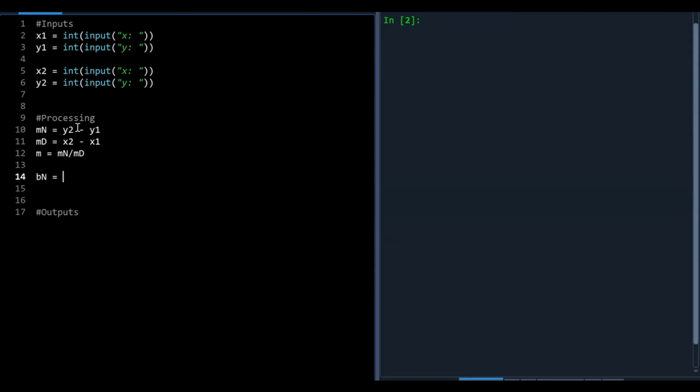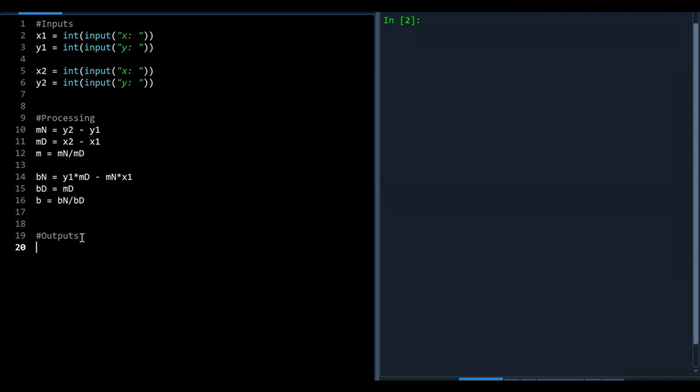My numerator of the y-intercept was y1 times md minus mn times x1. The bd was just equal to the md. And my final b value as a decimal was just bn divided by bd. So coding's easy once we figure it out, because we already have the formulas.